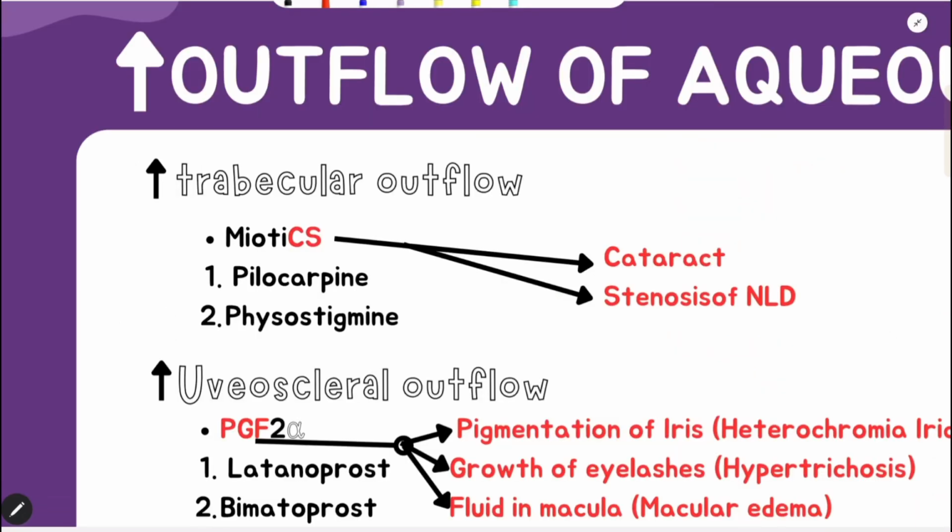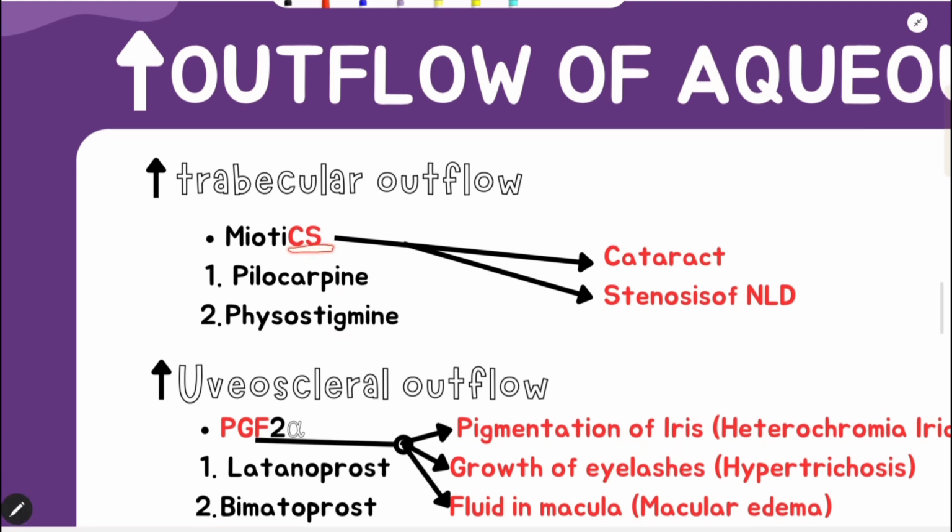So the miotic drugs in this group are pilocarpine and physostigmine, which are cholinergic drugs. The adverse effects of these miotics we can remember from the last two letters of miotics. The C indicates cataract and the S indicates stenosis of the nasolacrimal tract.